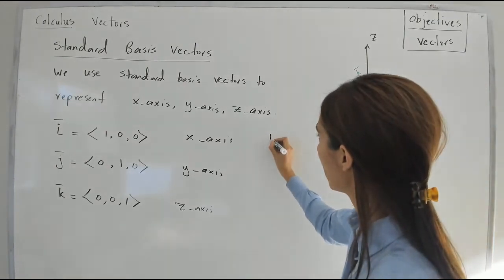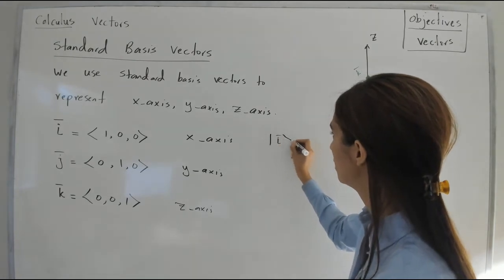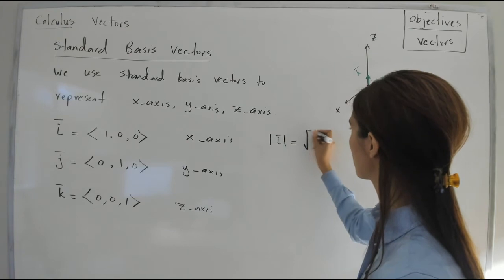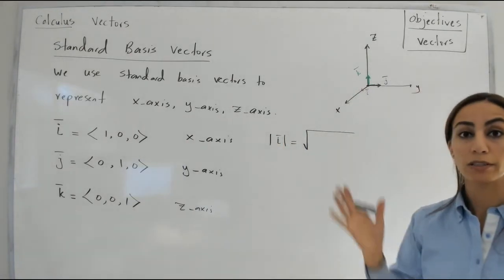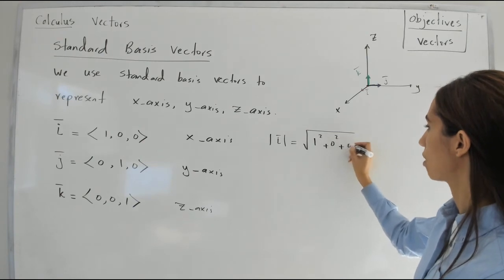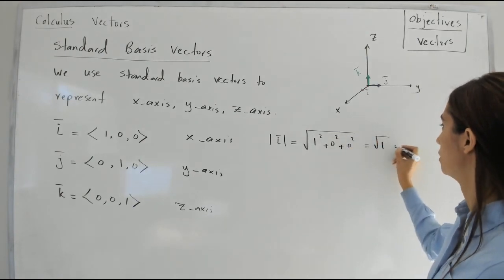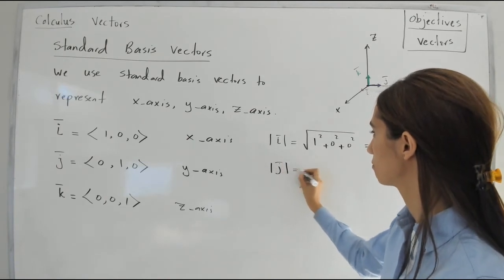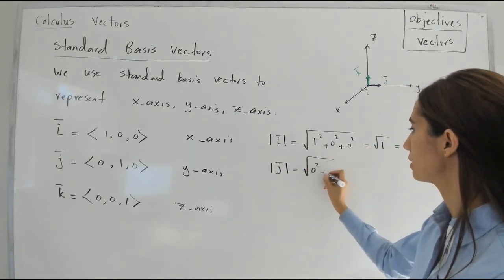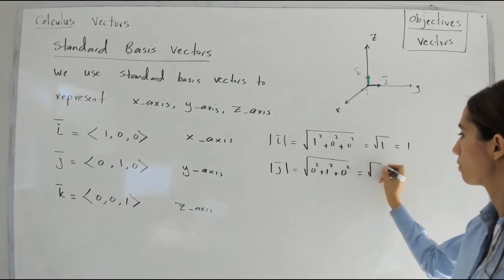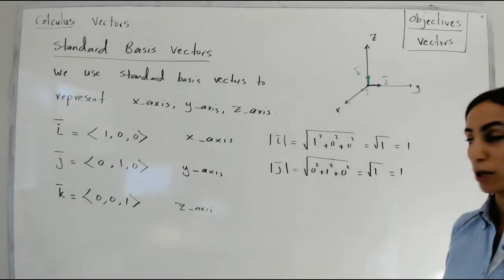Well, I expect you to ask, what are the lengths of these vectors? The length or magnitude of vector i is equal to the square root of, well, we take each component, raise them to the second power, add them together, which is obviously equal to 1. The second vector, the same: 0 squared plus 1 squared plus 0 squared, square root of 1 equals 1.